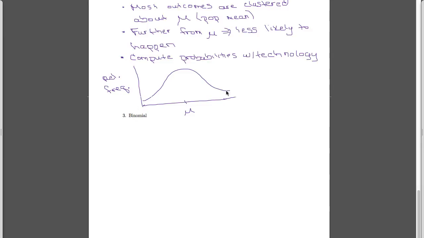The probability gets smaller. And these inflection points, so where the graph changes concavity, is one what we call standard deviation away from the mean. And standard deviation is denoted by this lowercase sigma. So oftentimes you'll see the notation that something is normal with mean mu, standard deviation sigma.